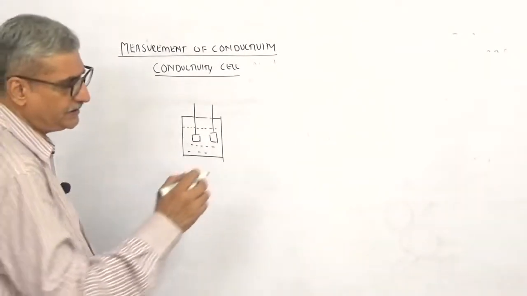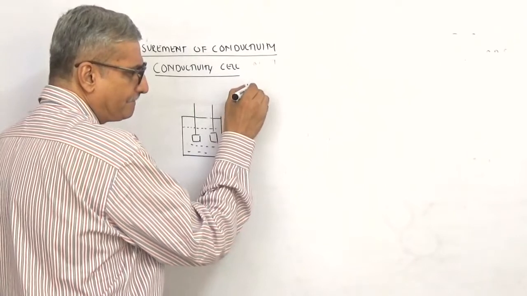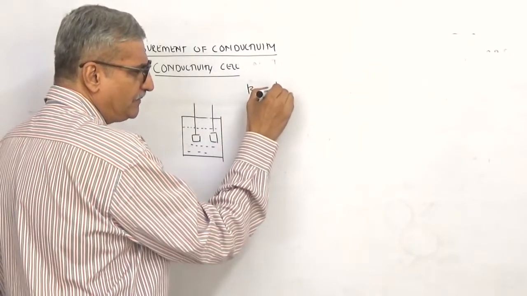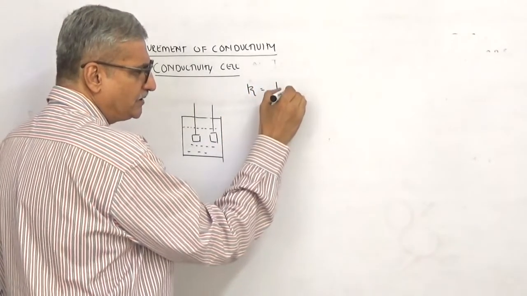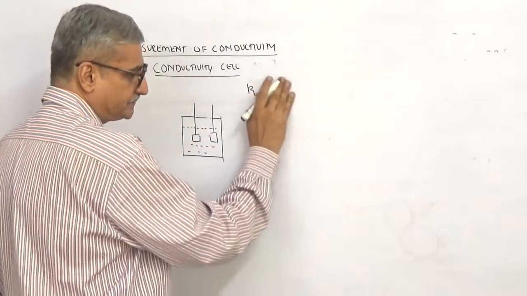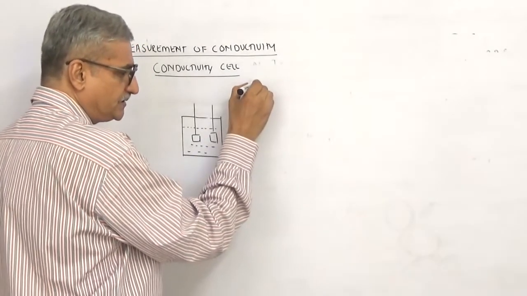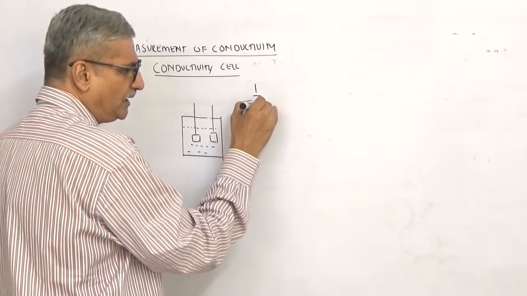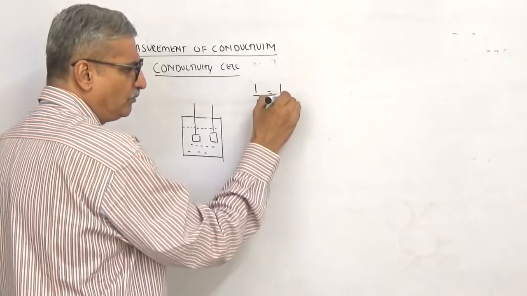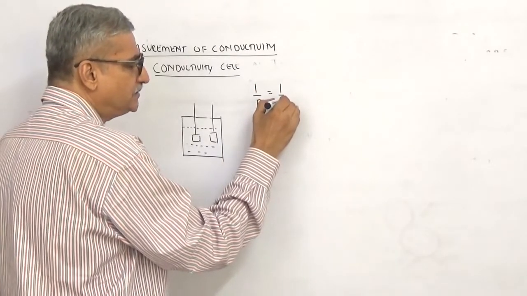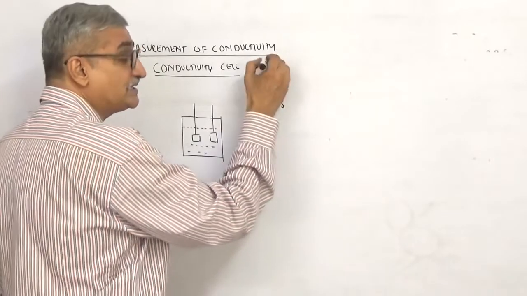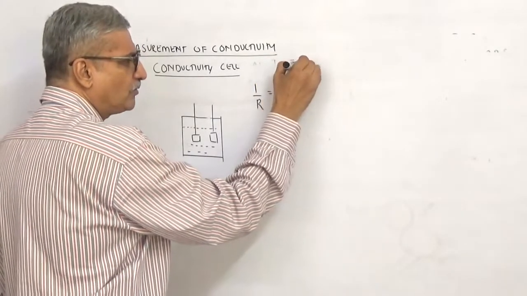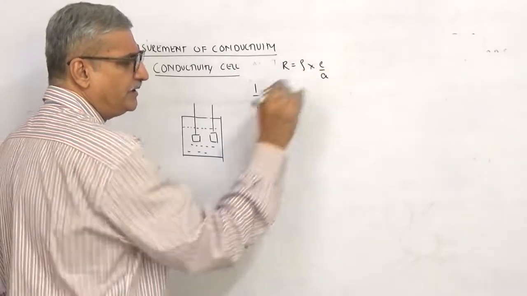Now you know that K, the conductivity, will be 1 upon R. Let's talk like this: 1 upon R is equal to 1 upon rho. We'll start with R equal to rho into L upon A, so we won't make a mistake.